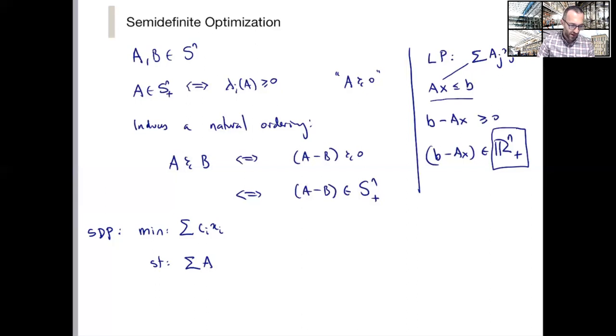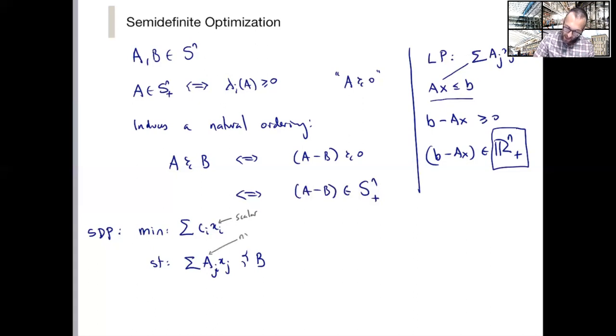So the constraint I'll write is the sum of a_j times x_j is less than b. So x_j is a scalar because x is a vector.